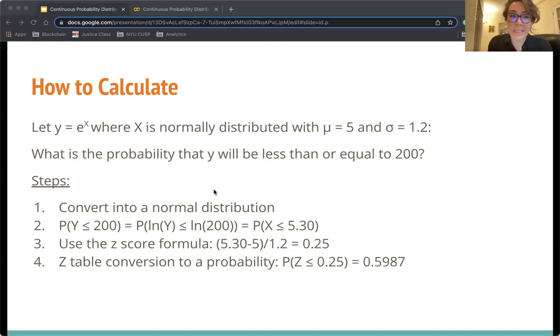In this case, we take the natural log of 200 and calculate this, which would be 5.30. And now we can just plug this value into our formula for z-score, and we can calculate that value of 0.25 as our z-score. And because of this, we can just go about our usual way of converting this into a probability using the z-table.